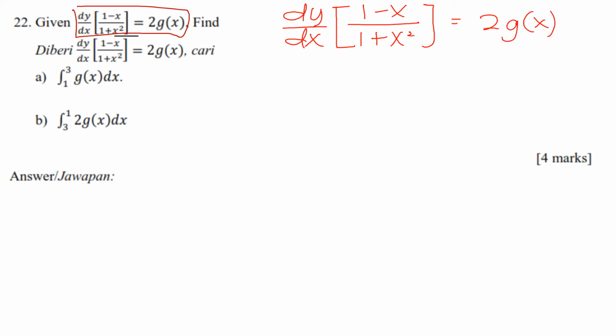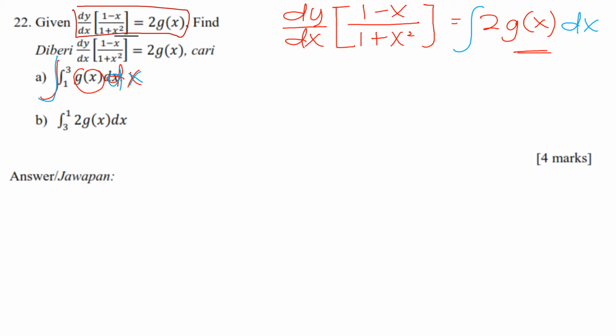Now when you compare, you can see the g(x) is here, meaning that you want this as the subject. But in the question, it comes with the integration sign. In the information, you don't have the integration sign. So you add in the integration sign here. Then you are safe.